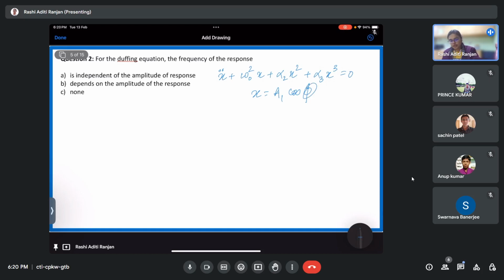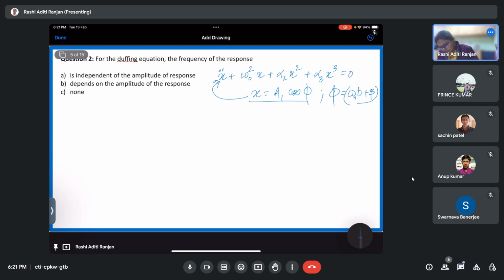This phi is obviously a function of time. For example, let us assume phi is omega t plus beta, omega t plus some phase difference. Okay, so if I have x like this, I can put it in this equation, right? From there, I can get the relation, correct?